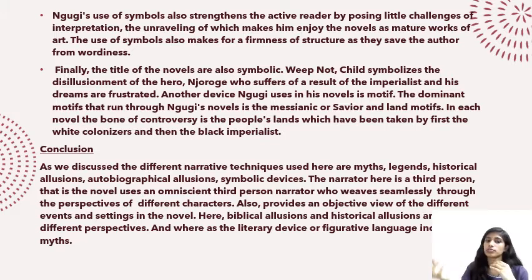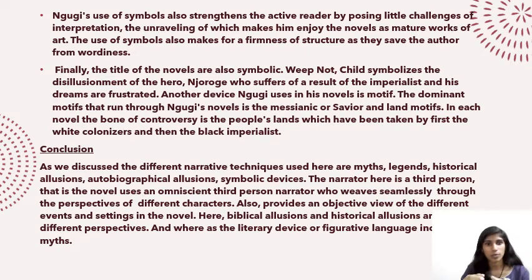And when we come to the conclusion part, we can see that different narrative techniques are used here, like myths, legends, historical allusions, autobiographical allusions, symbolic devices, like what we said before. The narrator here is the third person, that is, the novel uses an omniscient third person narrator who moves seamlessly through the perspective of different characters, also provides an objective view of the different events and settings in the novel.